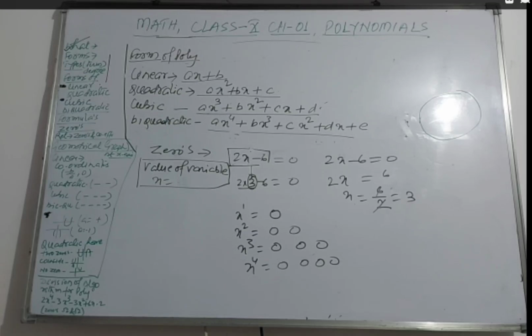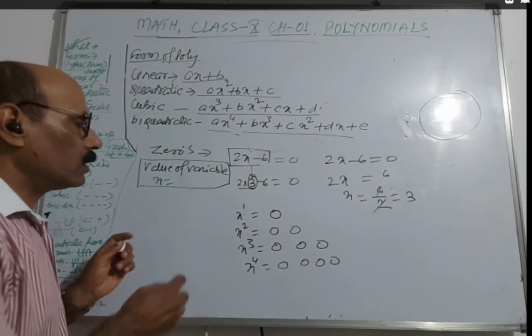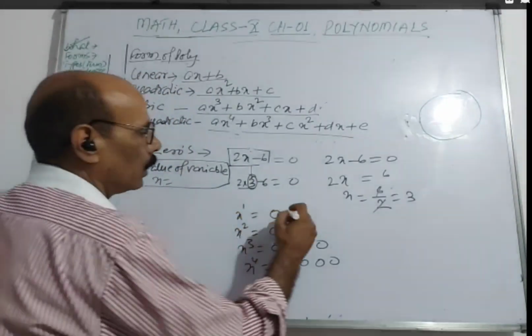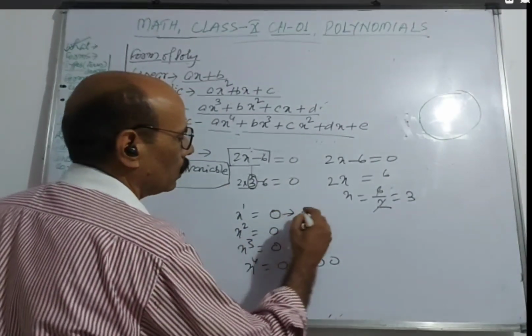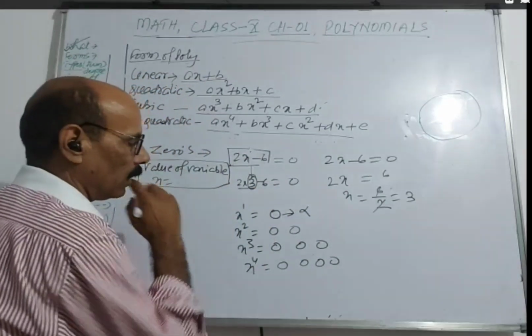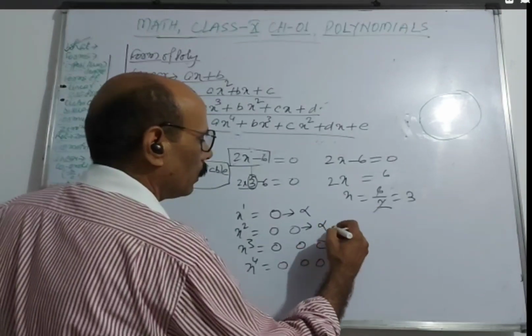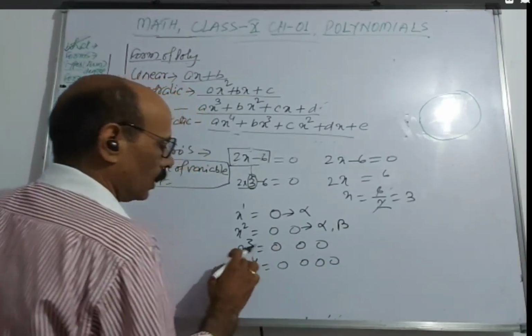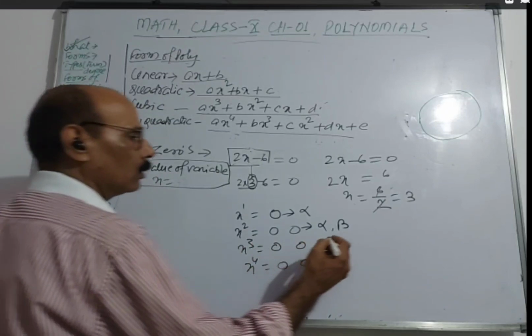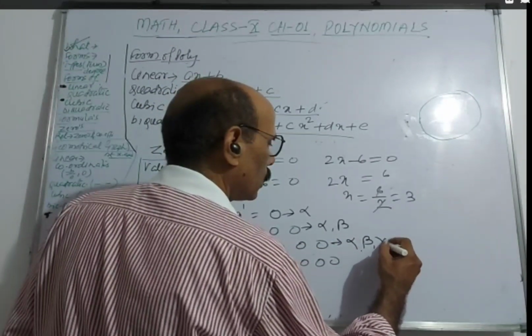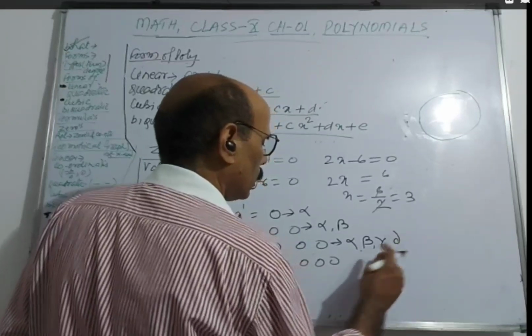Now the formula. Zeros of polynomial. See, conventionally, if the polynomial is linear, it will have only 1 zero. This is generally denoted by alpha. If it is quadratic, 2 zeros, these are denoted by alpha and beta. If 3 zeros, this will be denoted by alpha, beta, gamma, like this.